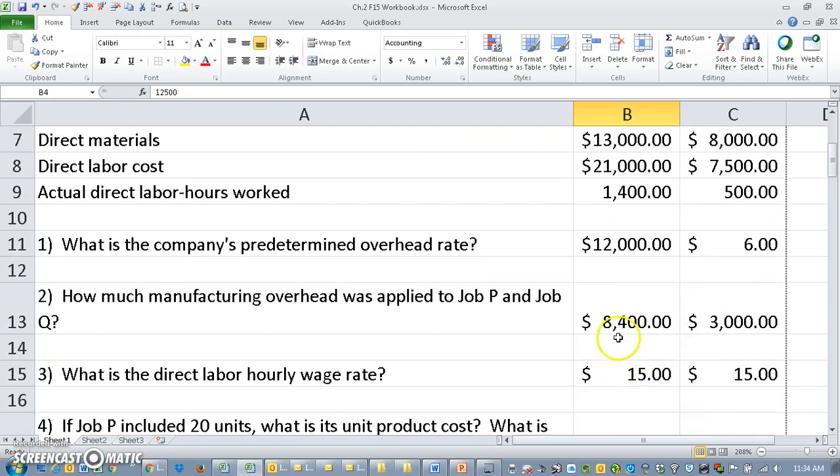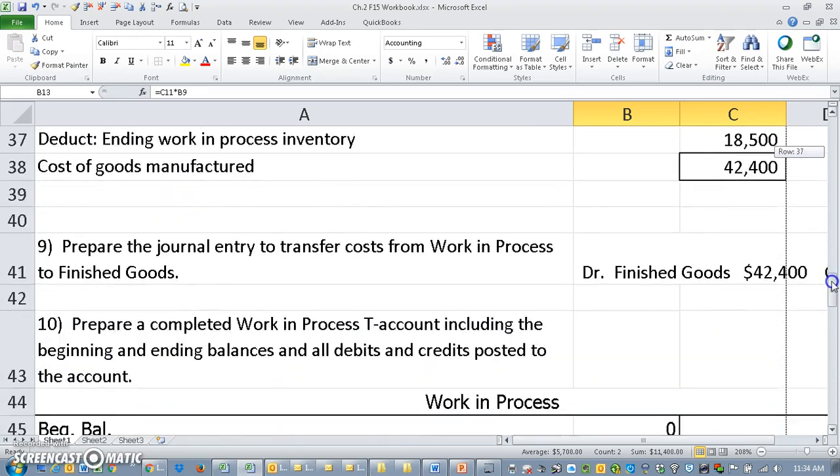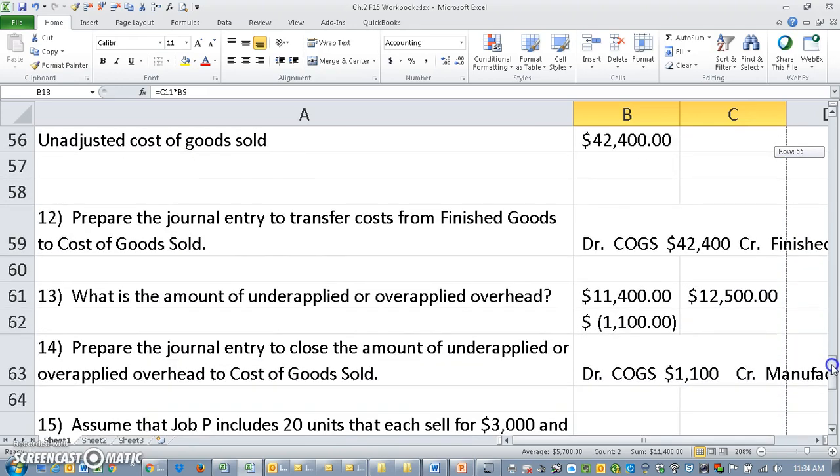Now, we applied to this job $11,400 worth of manufacturing overhead. So, does that mean that we overapplied or underapplied? If our actual was $12,500 and we applied $11,400, we underapplied by $1,100 because the amount that we applied was less than our actual.